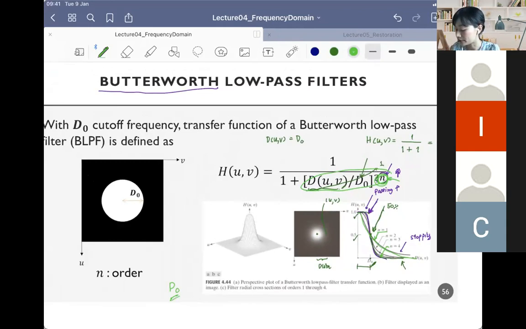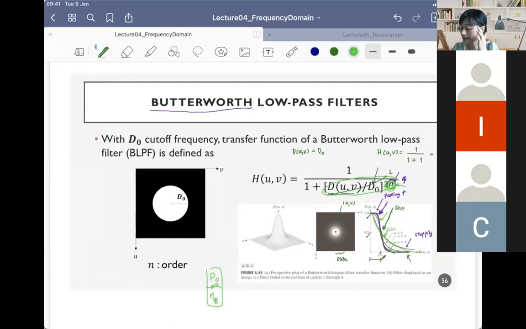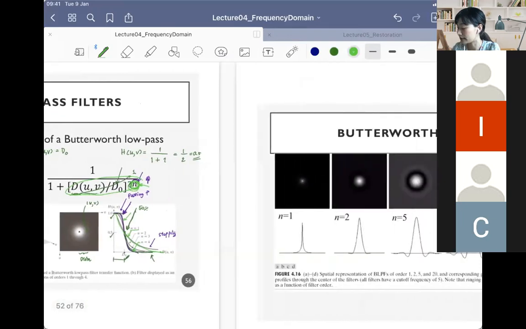You can also identify the power here, to say whether your graph changes gradually or very quickly. So there are 2 parameters that you can configure for the Butterworth low pass filter. We'll see a little bit of the result in the next slide.